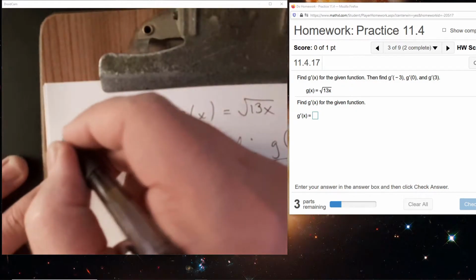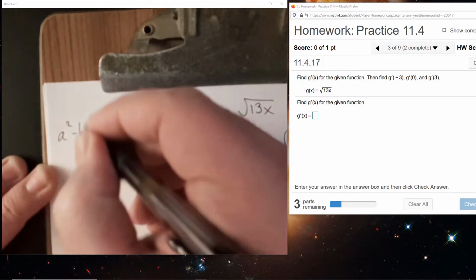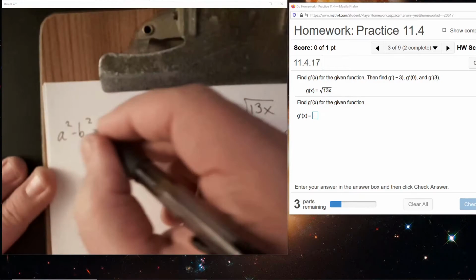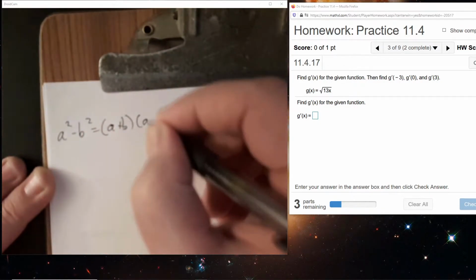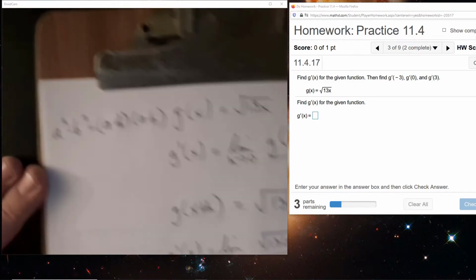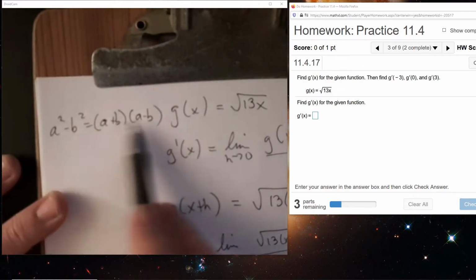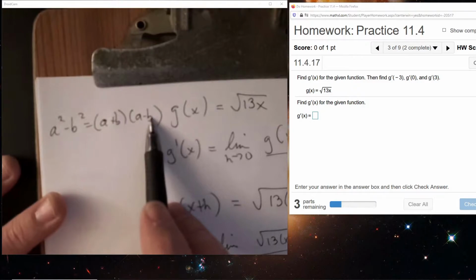So if you recall, the difference in squares, a squared minus b squared, is a plus b times a minus b. The only difference is the plus or minus there. They're both a and b.